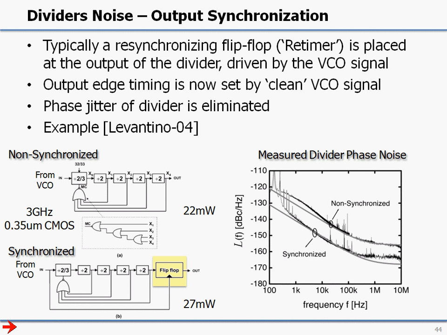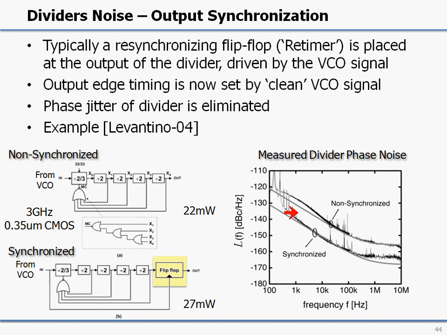One last remark here is about the necessity of doing output synchronization for dividers. Here is an example, in a somewhat older technology, of a study comparing dividers with a synchronizing flip-flop on the bottom and without a synchronizing flip-flop. You notice that the synchronized divider has a much lower noise than the non-synchronized divider.